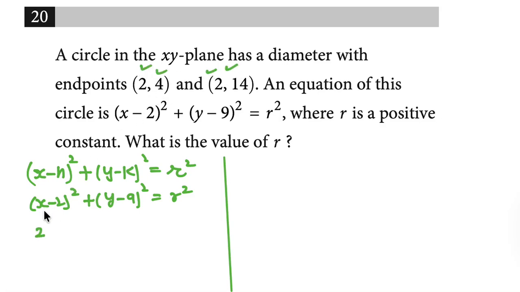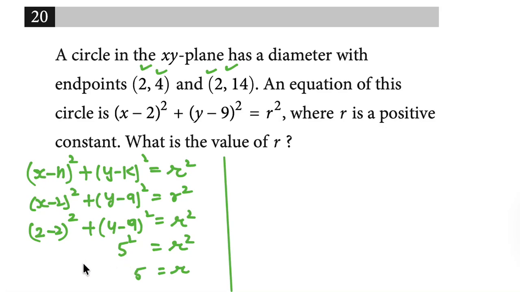So I'll plug in x as 2 and y as 4, which gives r squared. So 5 squared is equal to r squared, so r is equal to 5. Now generally, if r square is equal to 25, then r can be plus or minus 5. But we know radius cannot be negative, so r is equal to 5.